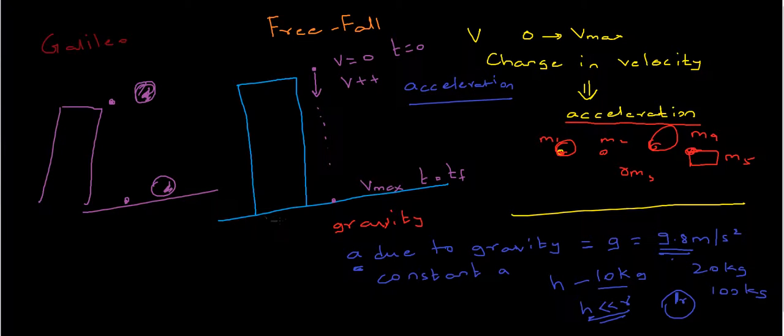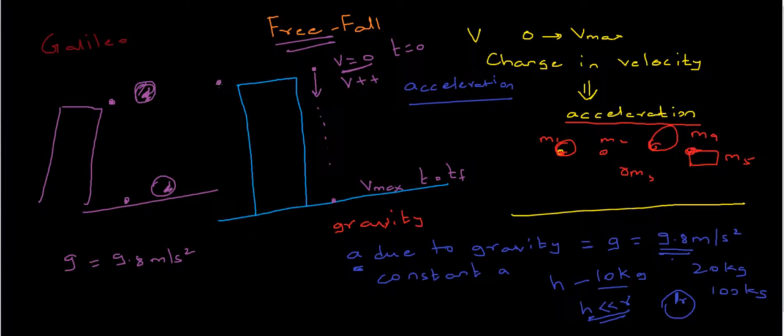So all the objects near the surface of the Earth are gonna have the same exact acceleration due to gravity, that is 9.8 meters per second squared. And this is known as free fall, because when the object was released from this height, it was released and not thrown. Initially the ball had velocity 0.